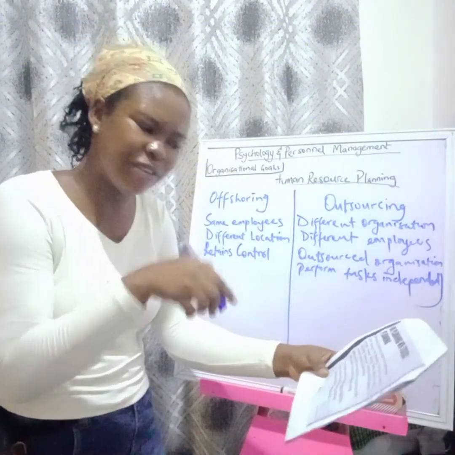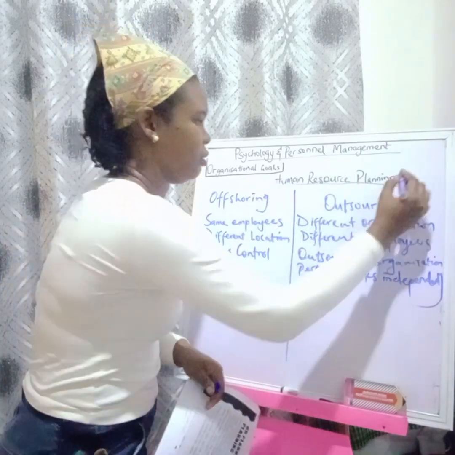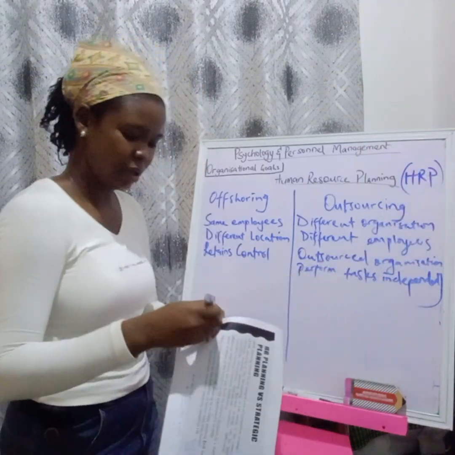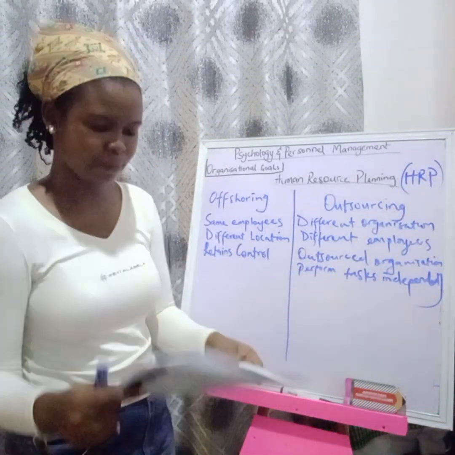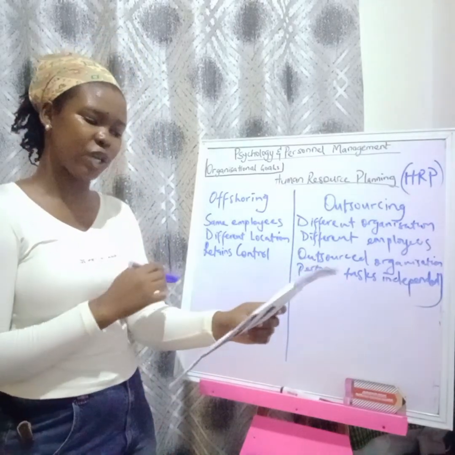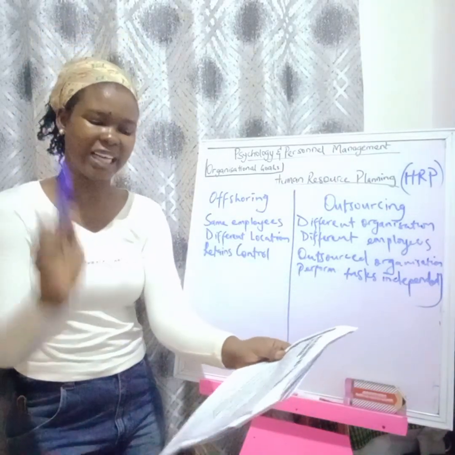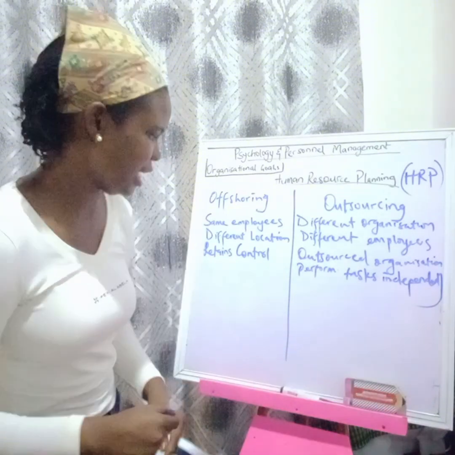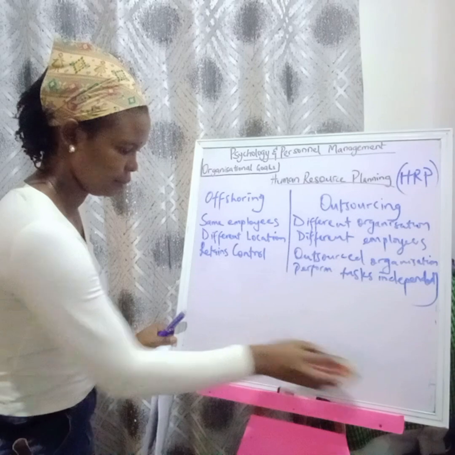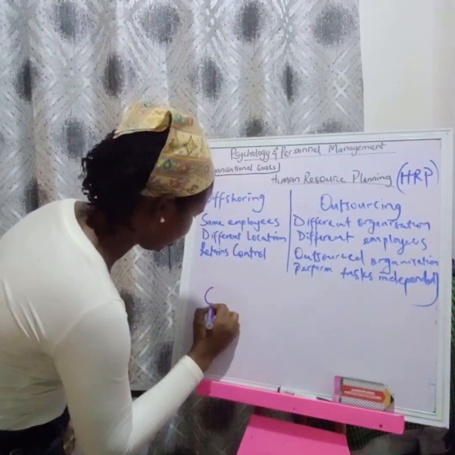Effective planning, anytime I say planning now, just know that I'm talking about HRP. Effective planning closes the gap between the current situation and a desired state of affairs in the context of organization strategy. Now, look at this. Current situation of the company.